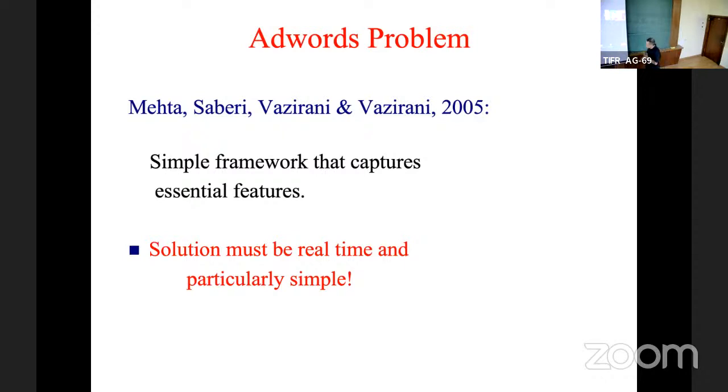And we already knew at that point that the solution had to be very simple. So we couldn't go out and solve a big LP because that would be time consuming. And you know how fast the Google search results come, in milliseconds. The ads also have to come out in milliseconds. Otherwise, you cannot wait for the ad to come tomorrow, right?